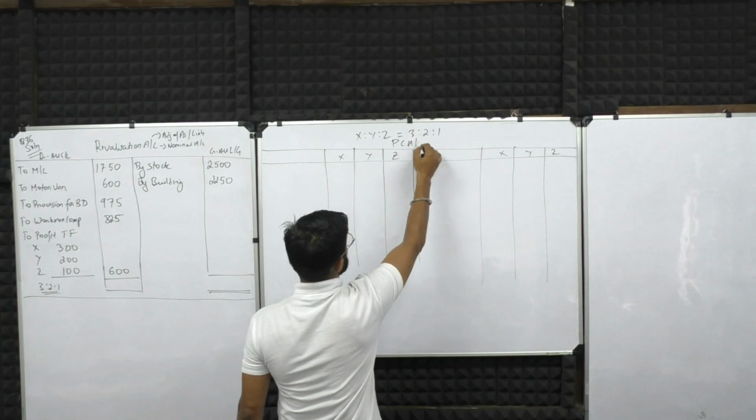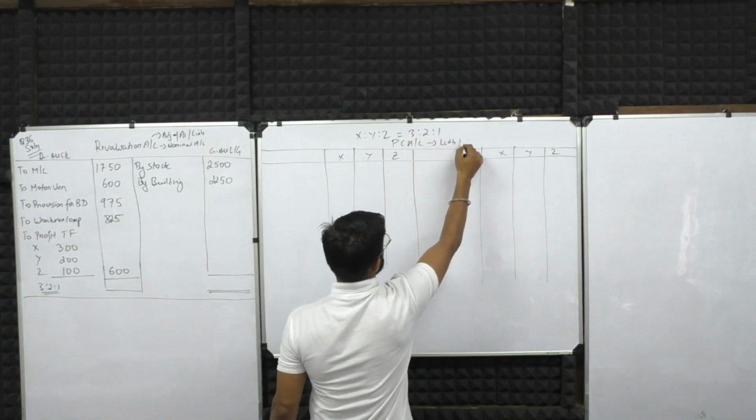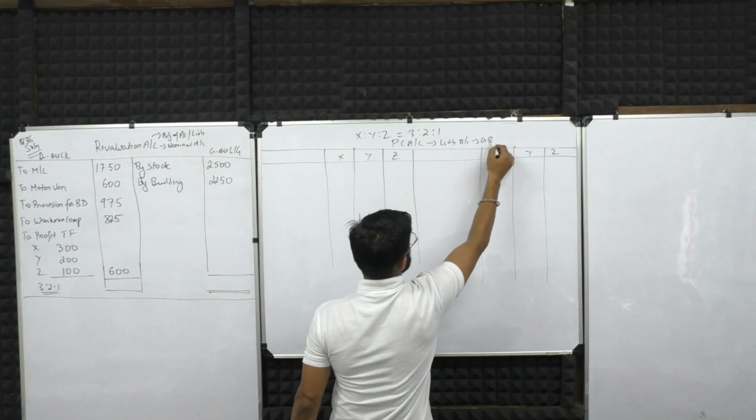Partners' capital account is a liability account, and liabilities always have a credit balance.